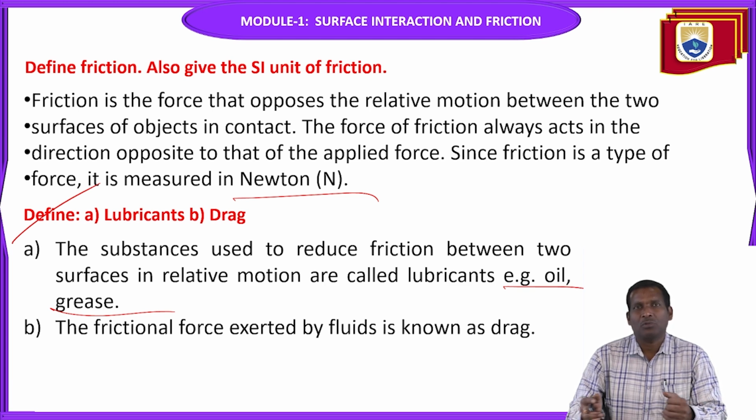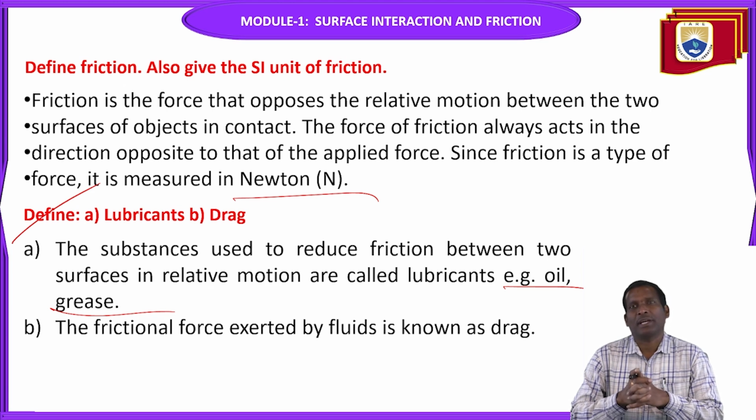Whenever two components are in relative motion, there is friction. But how do we reduce this friction? By using lubricants like oil and grease. Apply oil or grease in between the contacting surfaces, and the friction will be somewhat reduced.